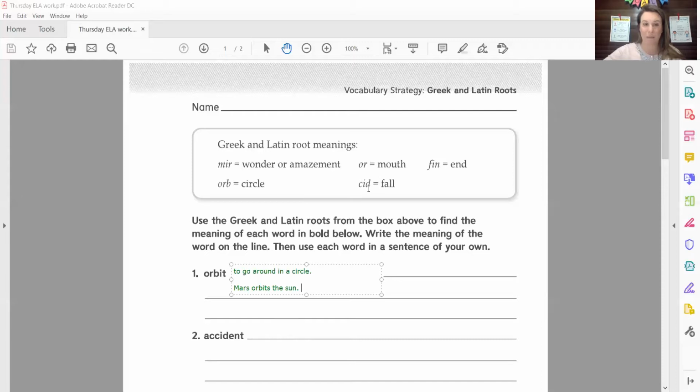All right, accident. Well, sid up here means fall. And in our text, you should have gone back to John Glenn and found the word accident. It said, sadly, he had an accident and hit his head. So I would say an accident means to fall, to cause danger to something, because he hit his head. So to get hurt, not on purpose, but by accident.